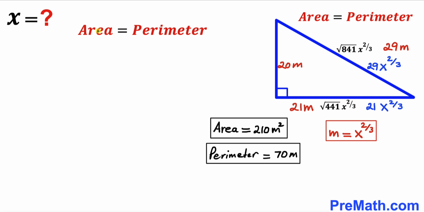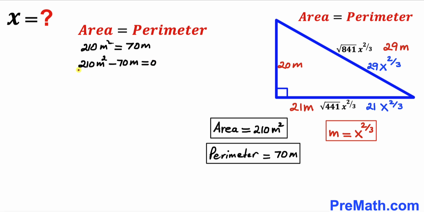And now we can substitute these area and perimeter values in this equation. Our area is 210 m square equal to the perimeter, 70 times m. Let's move this 70m to the other side. So we got 210 m square minus 70 times m equal to 0.